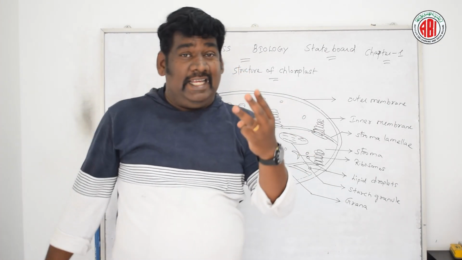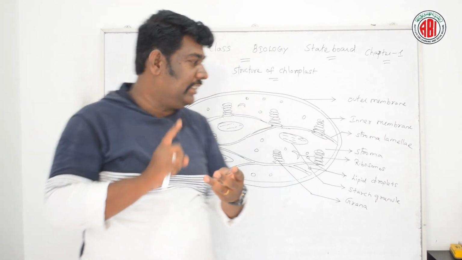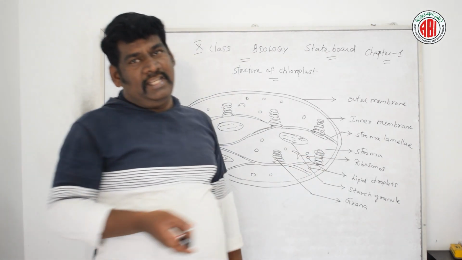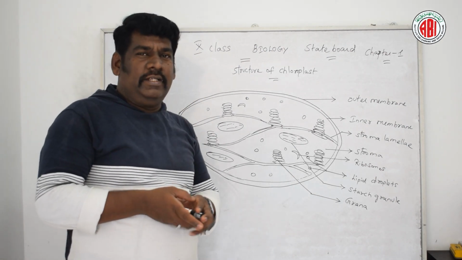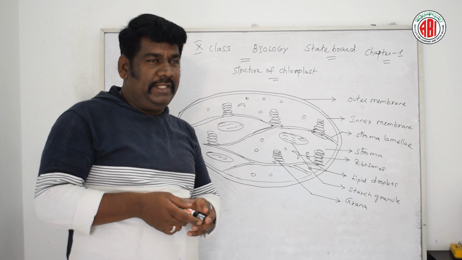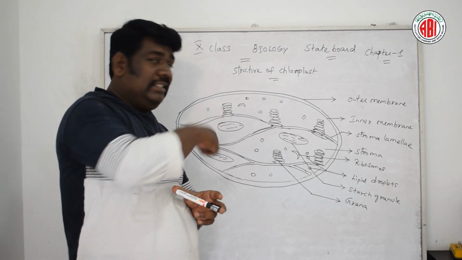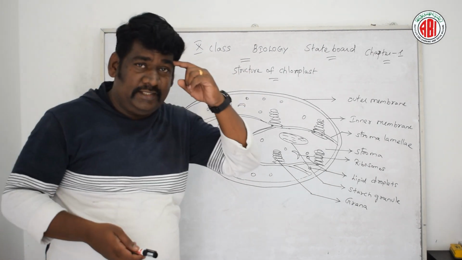So three labelings are in your hand: outer membrane, inner membrane, and the third labeling, which is called stroma. Now you have to remember one more labeling and the most important layering. Before, when we drew the structure, we drew a set of coin-like structures, remember?